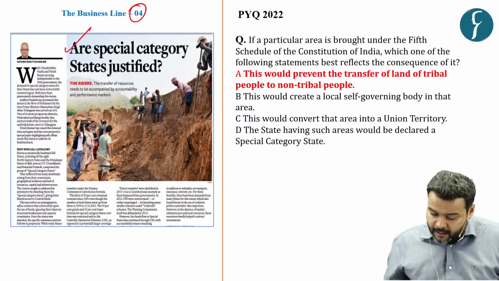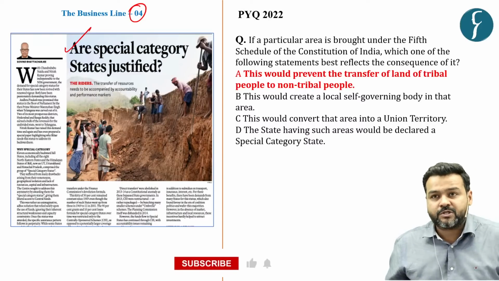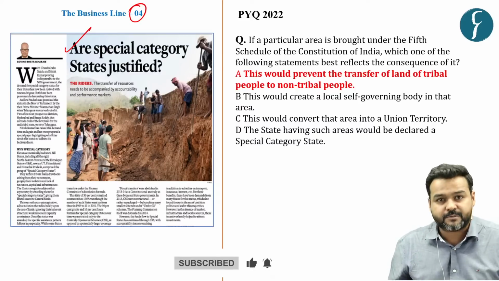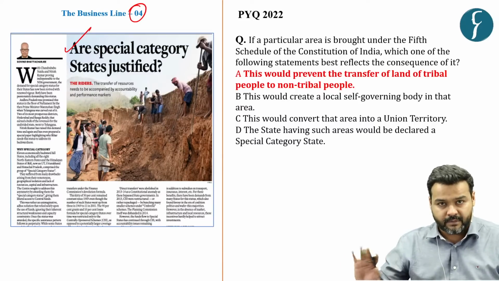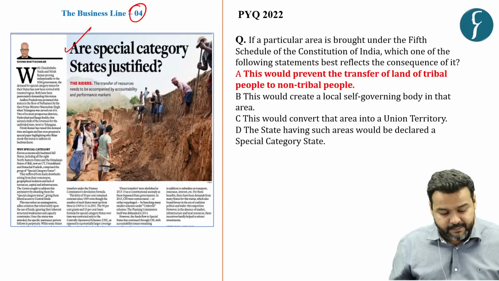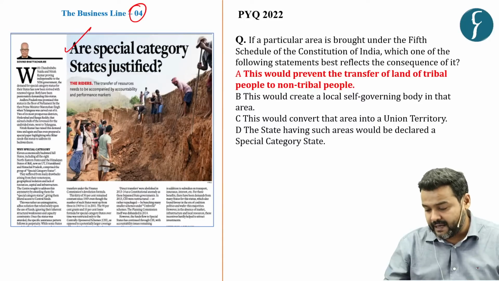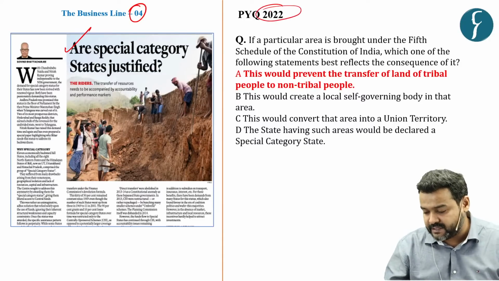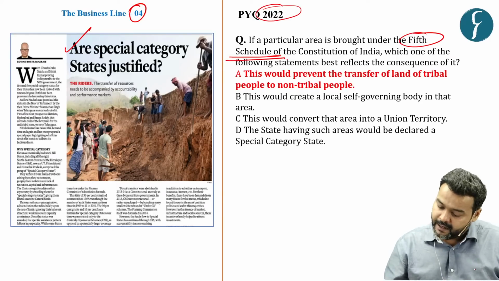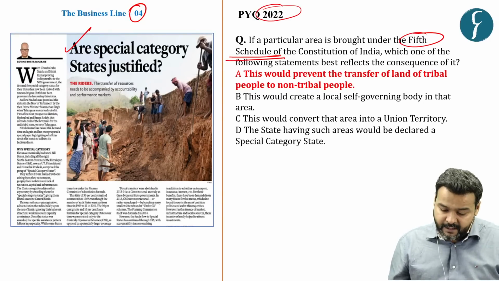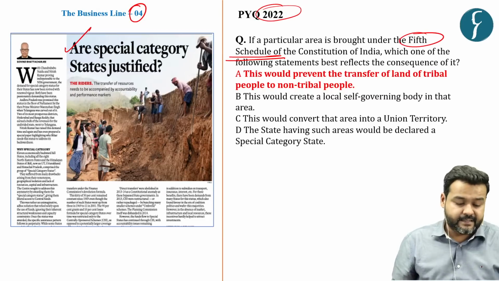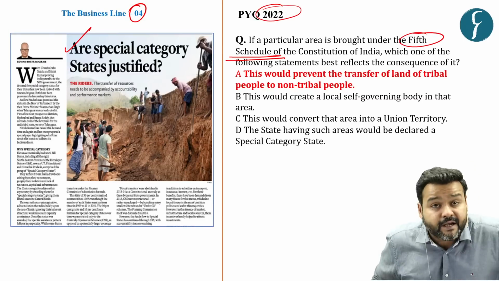Because your Constitution in the 5th Schedule and 6th Schedule talks about some special provisions related to some states, and it has been a consistent theme in UPSC examination. As you can see, in 2022 itself, they have asked a question based on the 5th Schedule of the Constitution, and we have curated a question based on special category states in India.